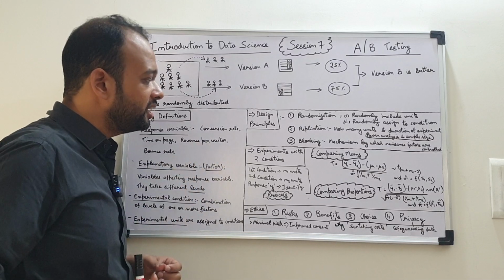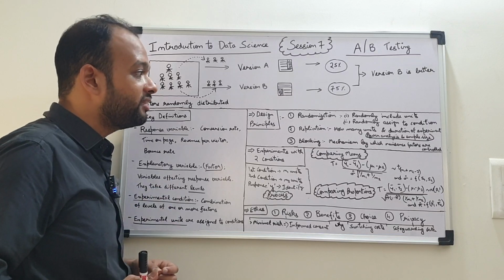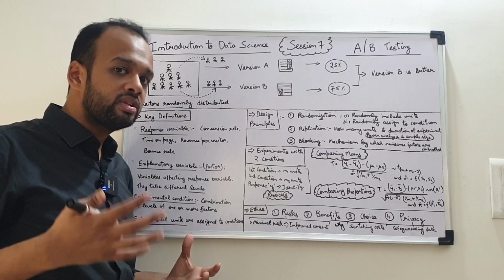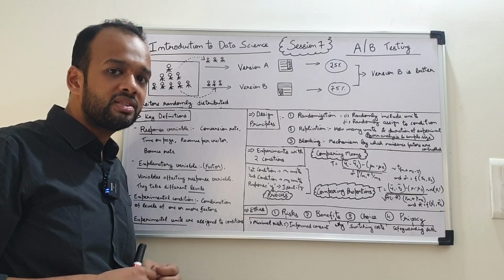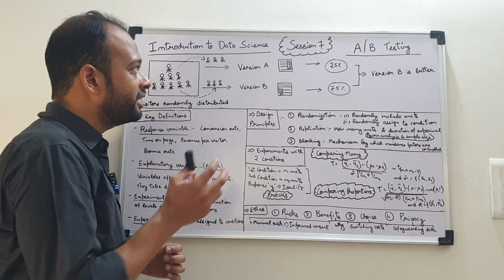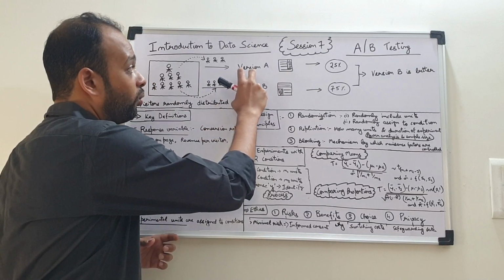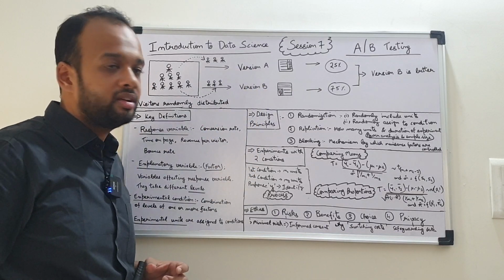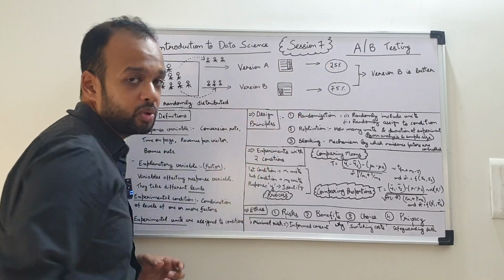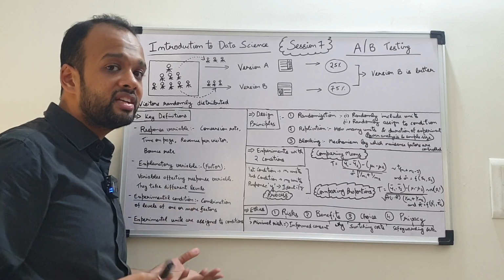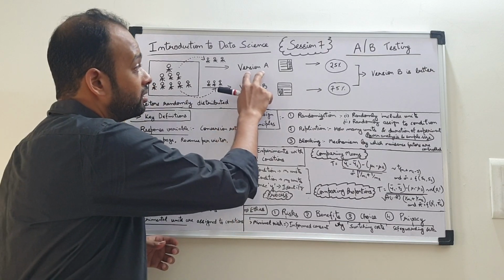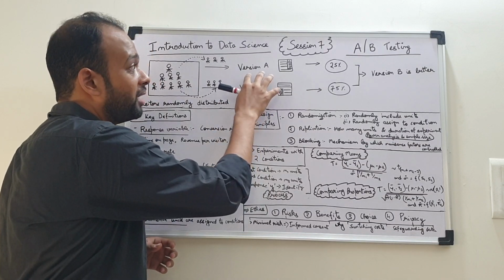The third design principle is blocking, which is a mechanism by which nuisance factors are controlled. Nuisance factors, like I talked about, are external things which might not help us understand the exact causation, that because this happened, this was the result. There can be certain nuisance or interference factors which help us or deter us from understanding the causation.